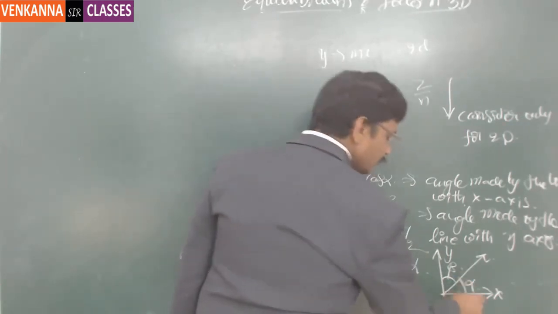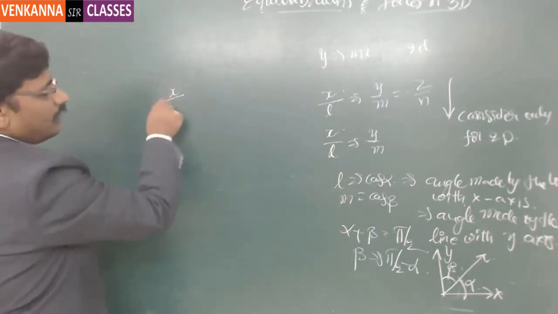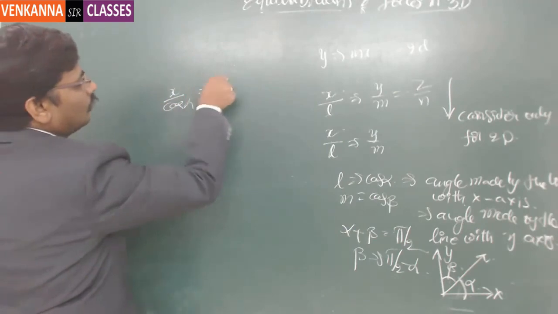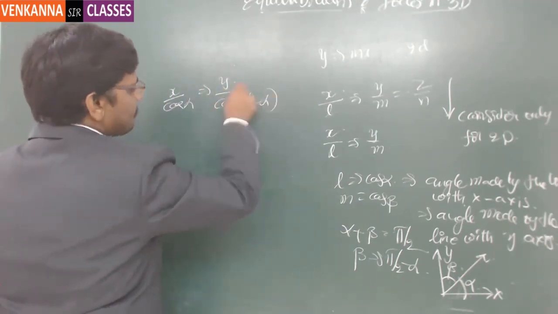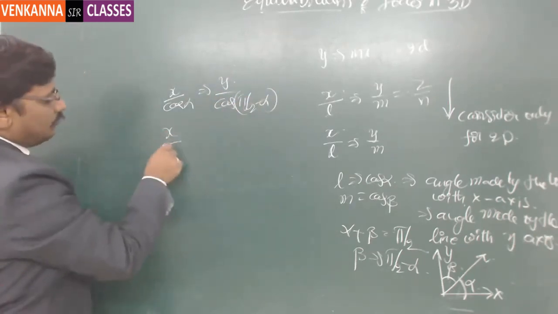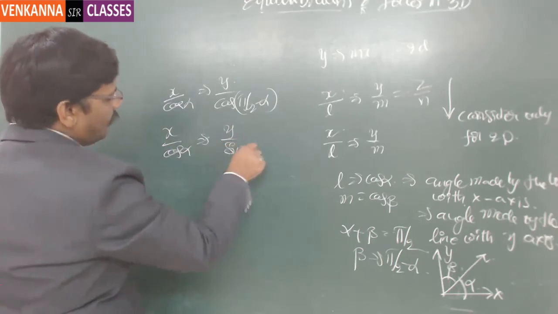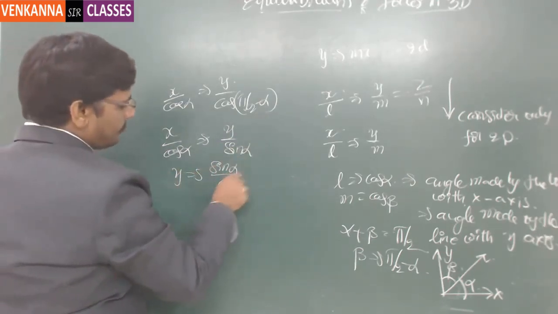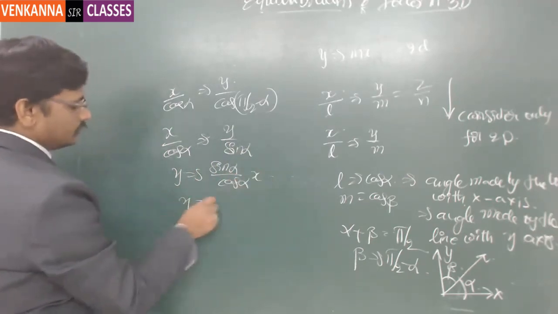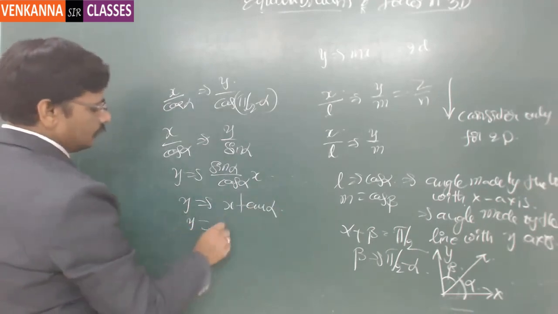Now if you put it in this equation, that is x by cos alpha is equal to y by cos of pi by 2 minus alpha, then x by cos alpha is equal to y by sin alpha, or y is equal to sin alpha by cos alpha into x, or y is equal to x tan alpha, or y is equal to mx.